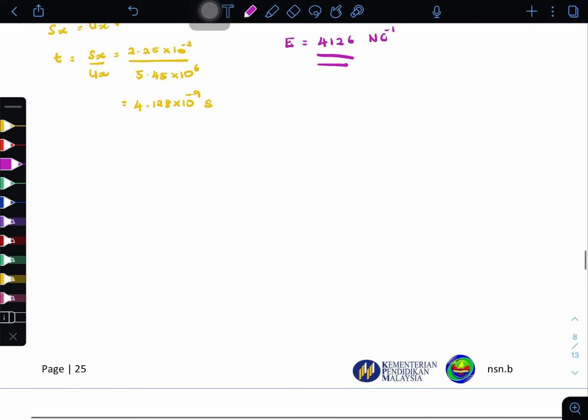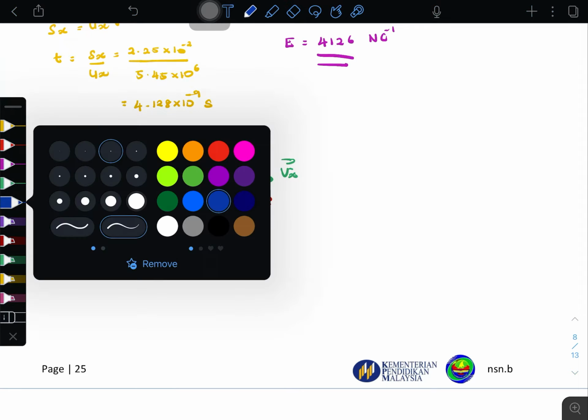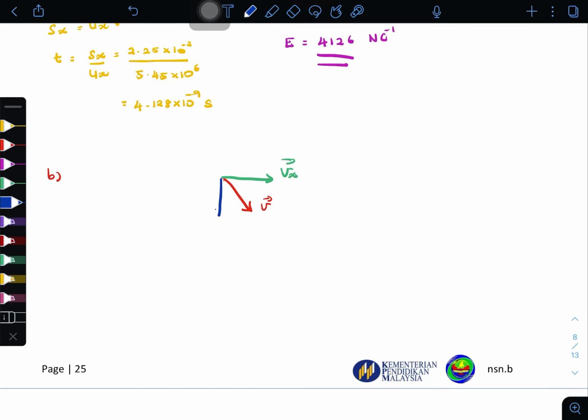This is our V and we have V in X component and we also have V in Y component. So nak cari V, kita kena guna formula square root of Vx square plus Vy square.